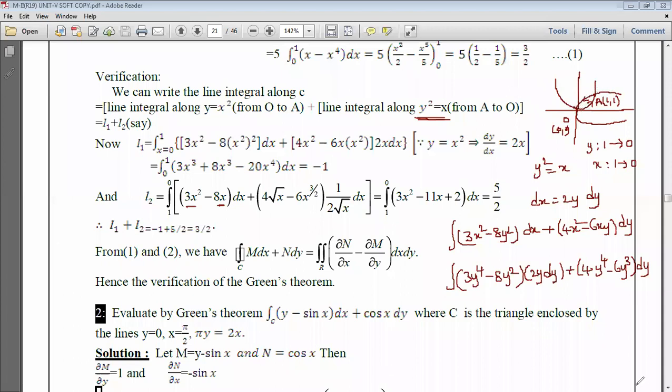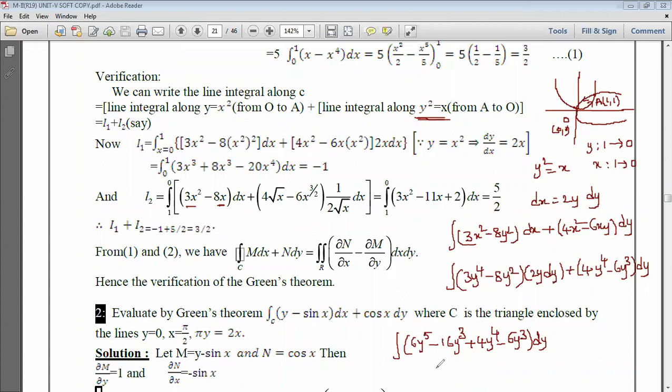Now you need to simplify this one. If you simplify this, here we have 3 into 2 is 6y power 5, minus 8 into 2, 16y cube, plus 4y power 4 minus 6y cube, whole dy. We converted in terms of y.